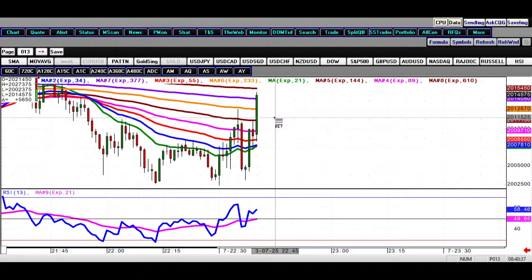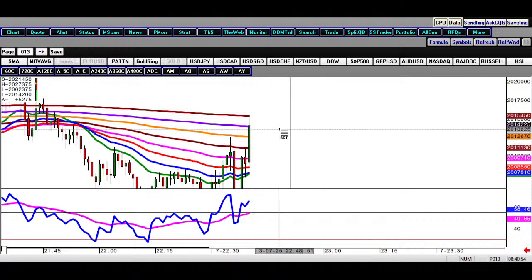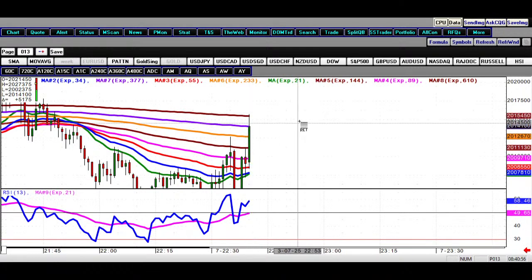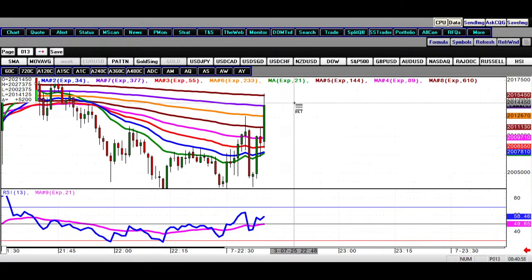Okay, let me see. I think you can still go up higher to 170. 170 is the next level we are looking at. Okay, so 155. So then the next level of exit is 170.